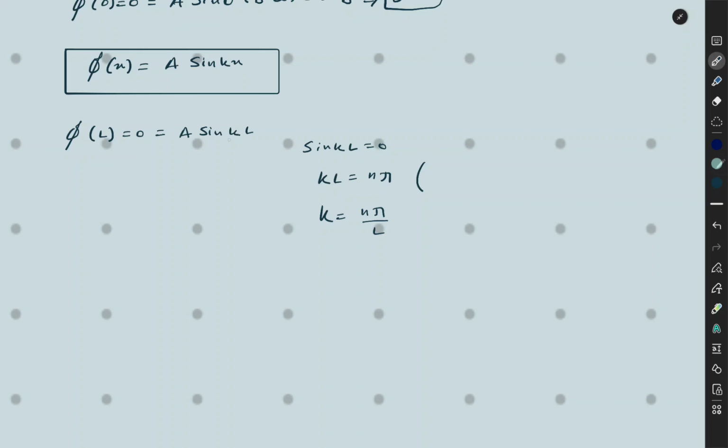We have earlier discussed that if k is equal to 0, then it becomes a trivial solution, so we cannot consider n equal to 0.